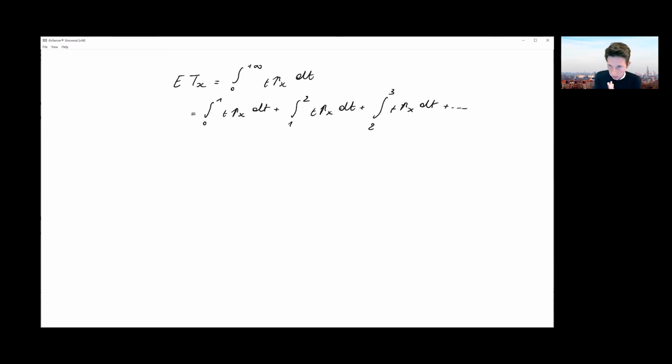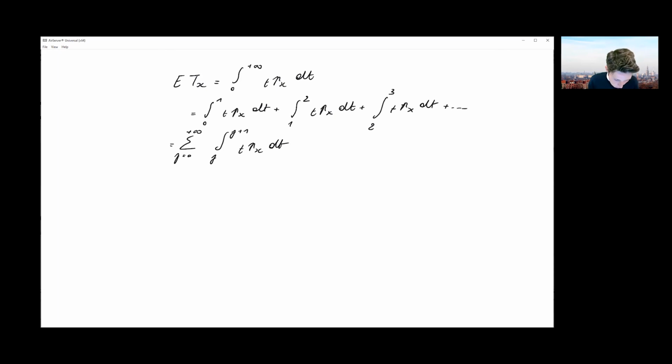And a more compact way to write that mathematically would be to write it as a sum that goes from 0 to plus infinity of the integral from j to j plus 1 of tpx dt. So that's exactly the same. I'll start with j equals 0, then take j equals 1, etc.